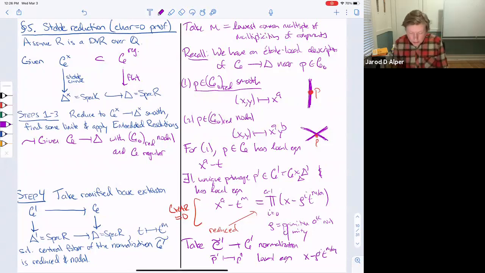What this implies is that this new point is still smooth in the central fiber. So actually, this point is a smooth point in the central fiber, and it's a smooth point in the total family.